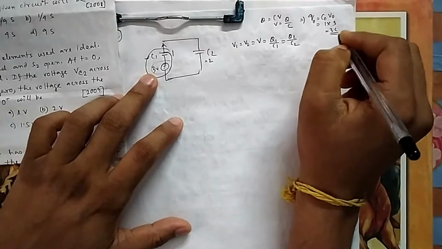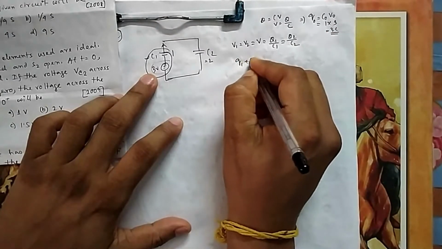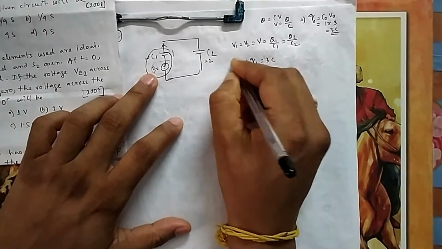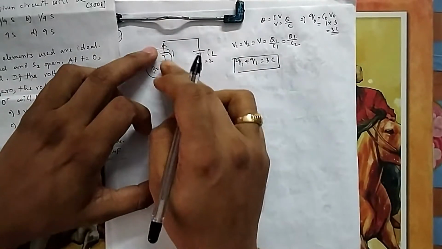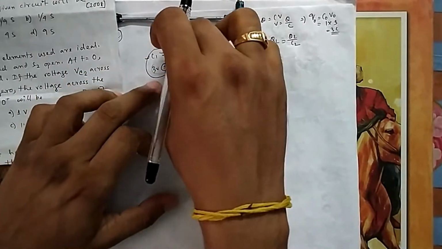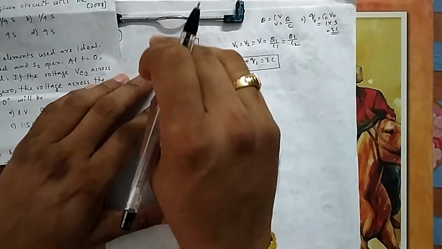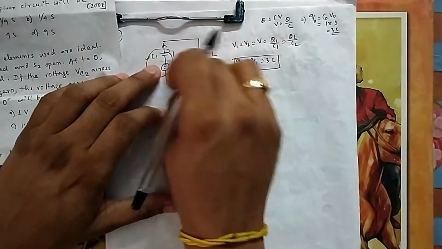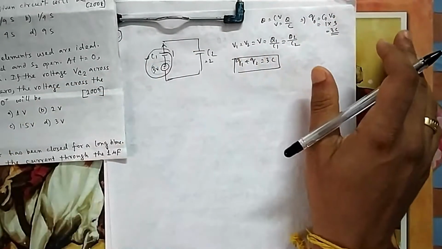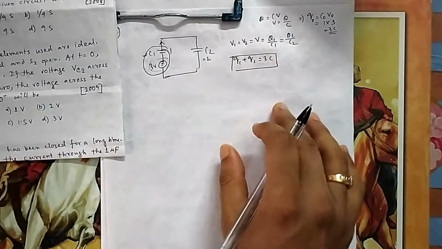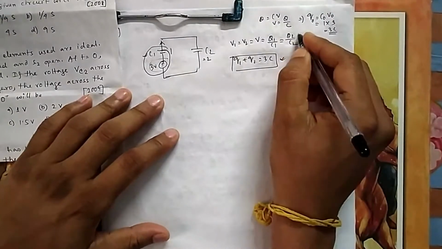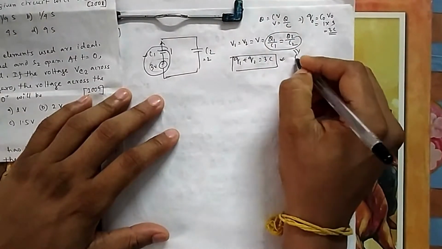So Q1 plus Q2 should be equal to 3 coulomb. When the balance occurred, because both voltages became equal, there will be no flow, so the total charge will be 3 coulomb only, because we are not adding extra charge. So this one you got. Now from here you will also find a relation between Q1 and Q2.